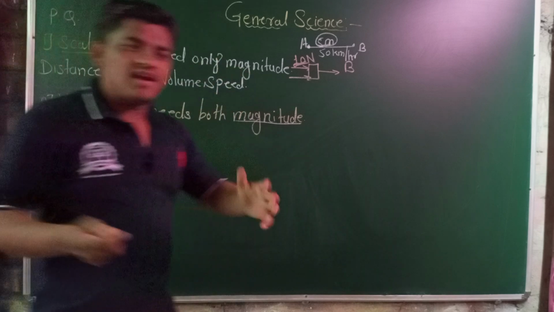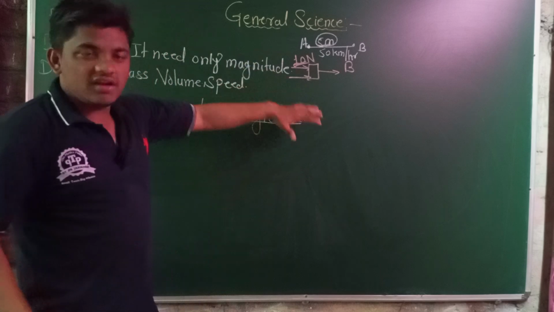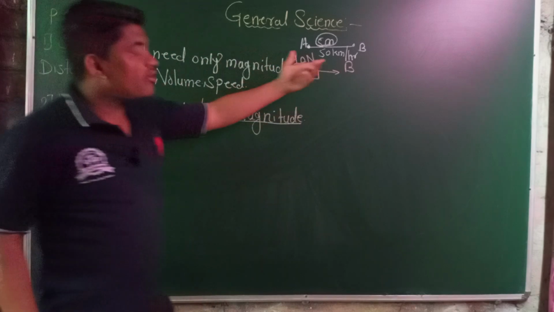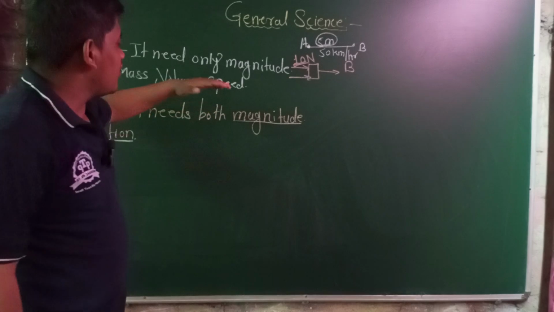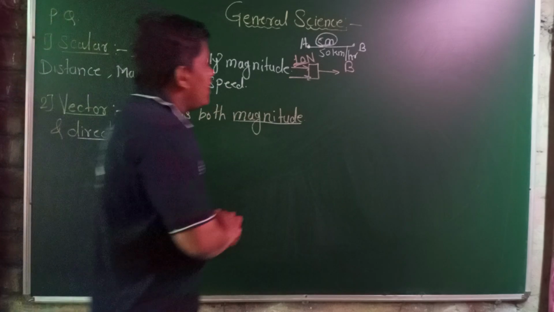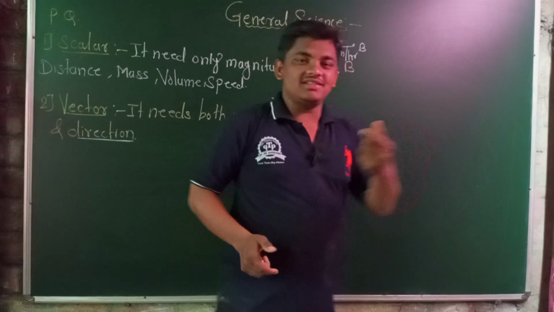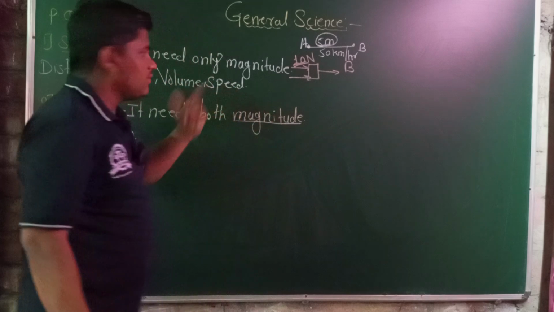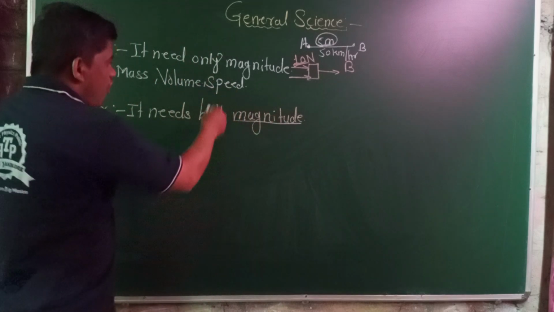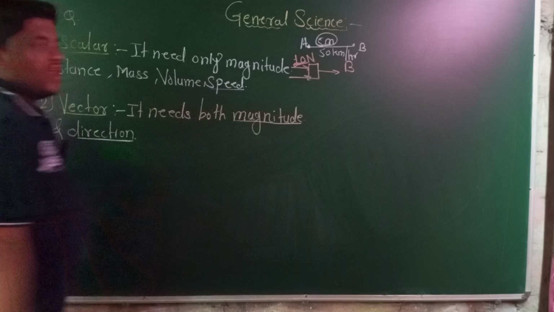It does not need any knowledge about direction for the explanation of such a physical quantity. Speed does not require any direction to be stated. A vehicle is moving with a certain speed. This is the numerical value, so it must be a scalar quantity.